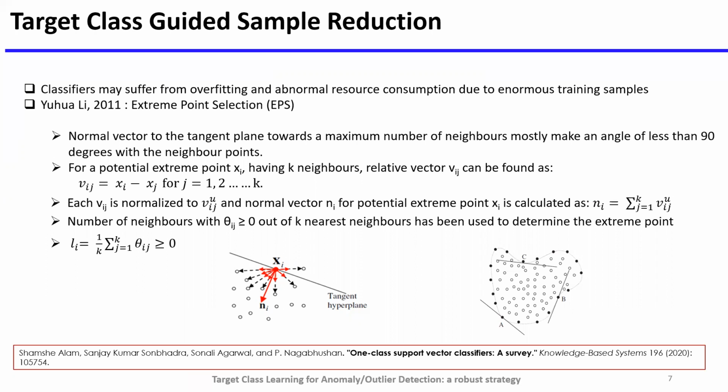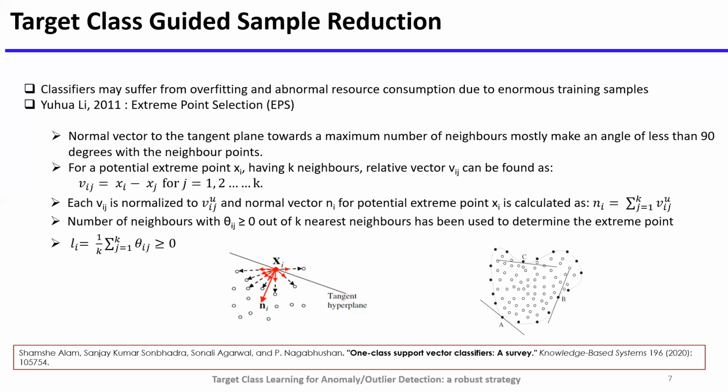Very few works have been reported to date. The first research was reported in 2011 by Lee, and the algorithm was known as extreme point selection.